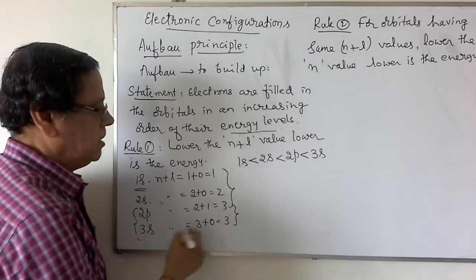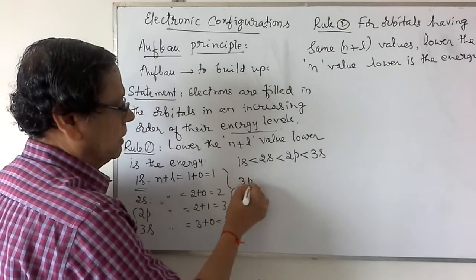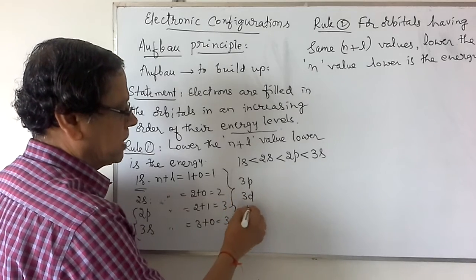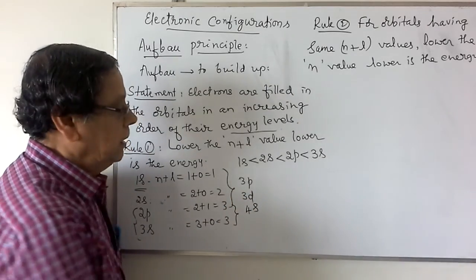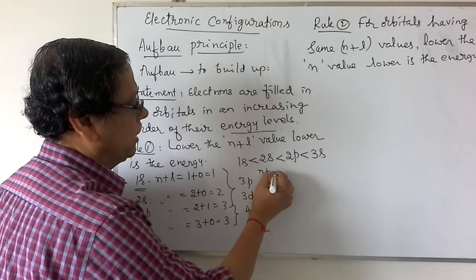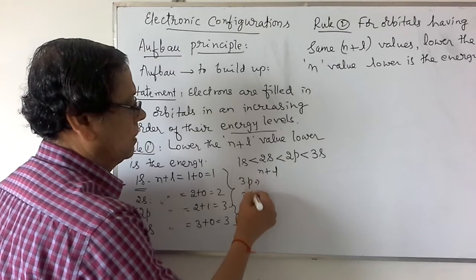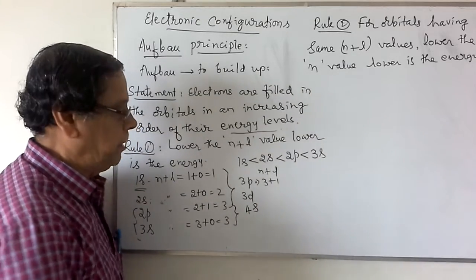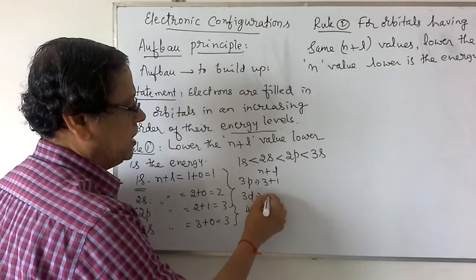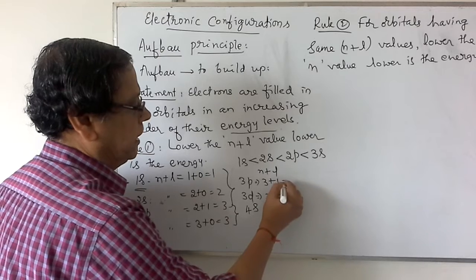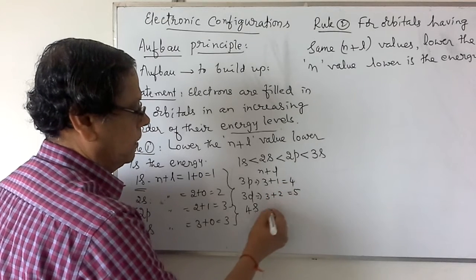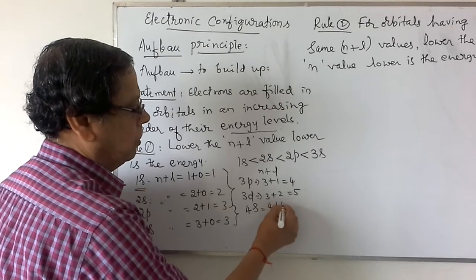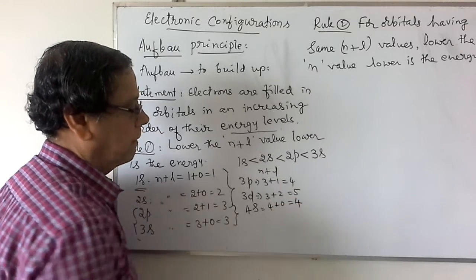Similarly, let us continue this with 3p, 3d, 4s. The n plus L values for these orbitals we can calculate: n is 3 and L is 1 for the p orbital, so it is 4. For 3d it is 3 plus 2, that is 5. For 4s it is 4 plus 0, that is equal to 4.